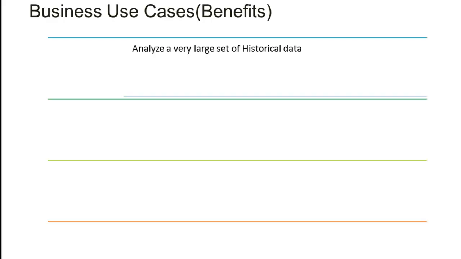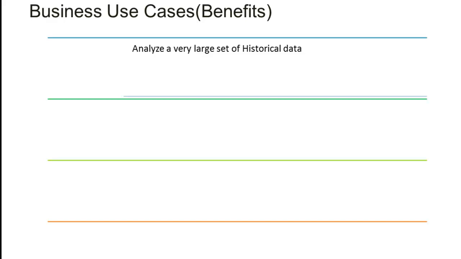Now let us think about what are the business use cases or benefits of EMR or Elastic MapReduce. First is that if you have a task or use case where you want to analyze a very large set of historical data.